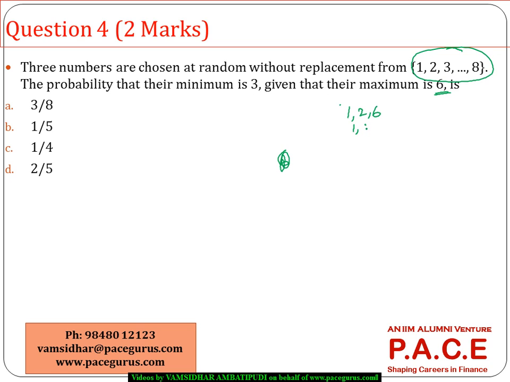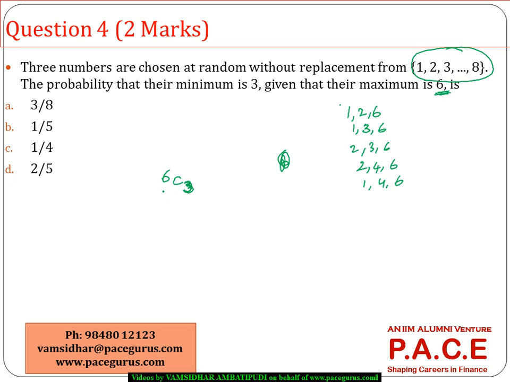Maximum is given as 6. So 1, 3, 6, 2, 3, 6. These are the various possibilities that can come out. 2, 4, 6, 1, 4, 6. Like this, we have so many possibilities, which means if the maximum has to be 6, then probably the three numbers, whatever we are choosing, could be chosen in three ways.